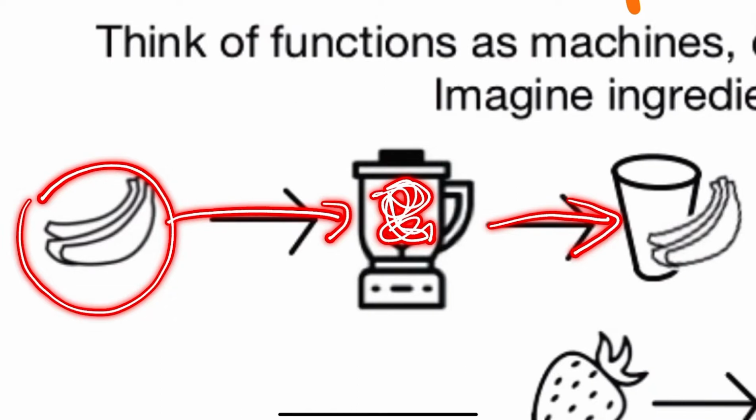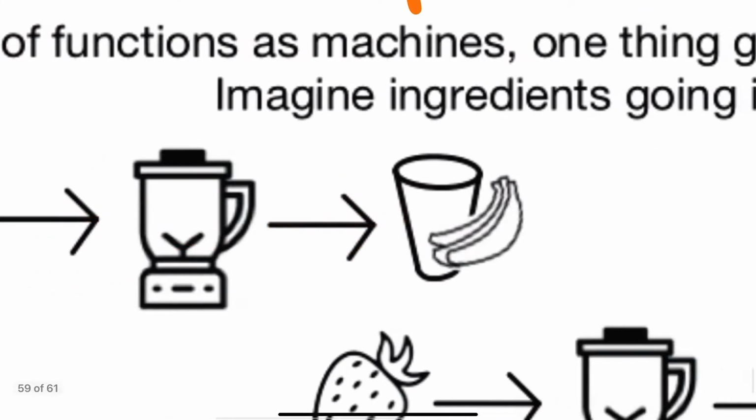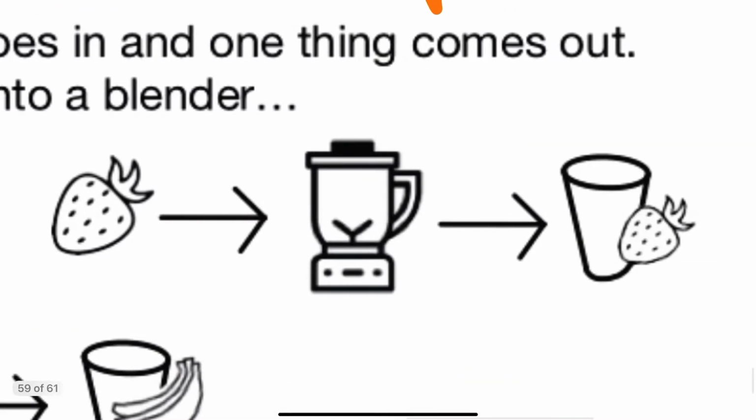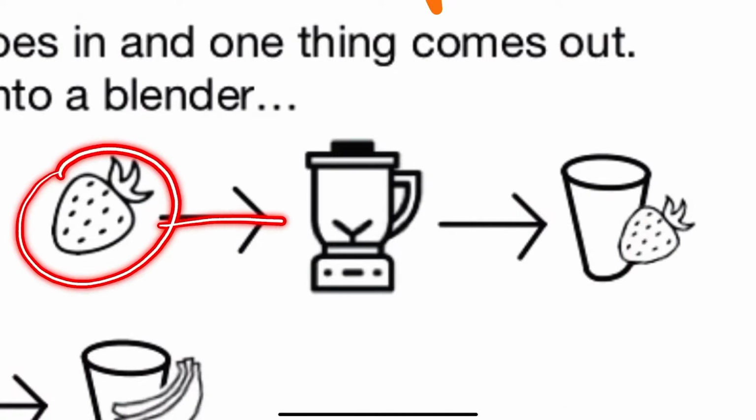That makes sense. Okay. So what if we put in a new fruit or a new number into our function? I'm going to put strawberries into my function or my blender. The blender is going to do its job. It's going to mix everything up, right? And out will come a strawberry flavored smoothie.